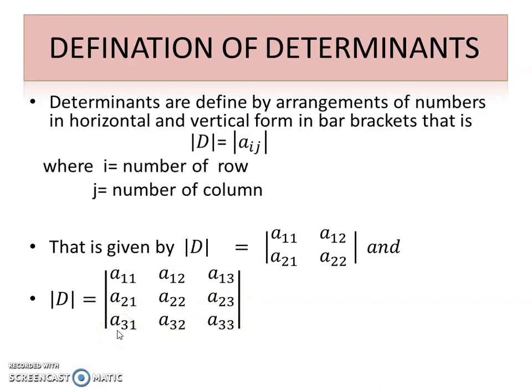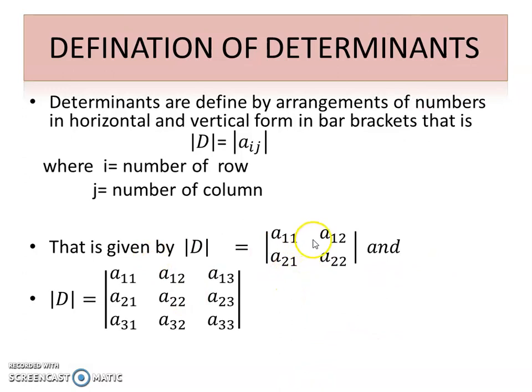Now we consider the next row, that is the third row, with the first column. Obviously, A31 is third row and first column. A32 is third row second column. A33 is third row third column.